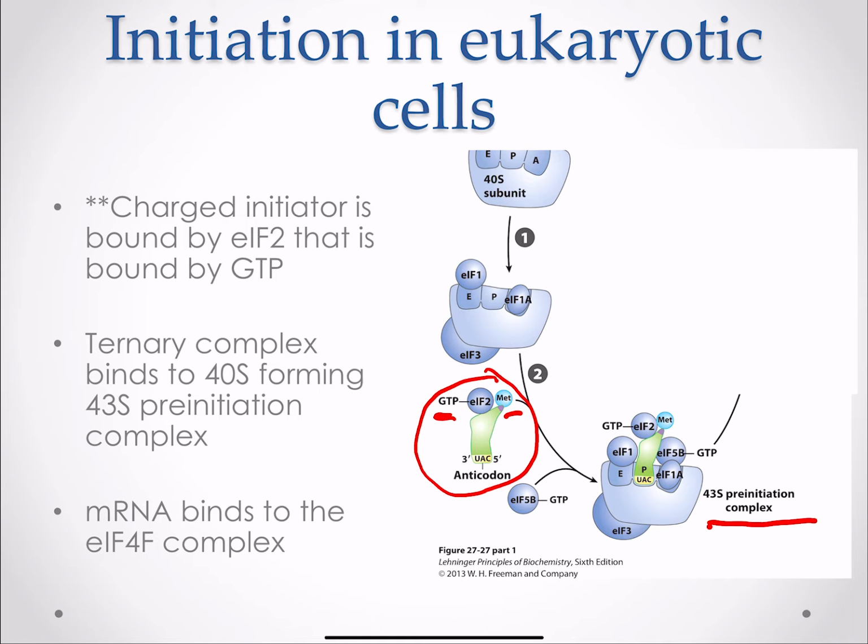In this case, you can see here that we don't have our messenger RNA yet. So we have no messenger RNA. This is different. We have no Shine-Dalgarno sequence. And so the ability of messenger RNA to find its way into this pre-initiation complex is going to be different.